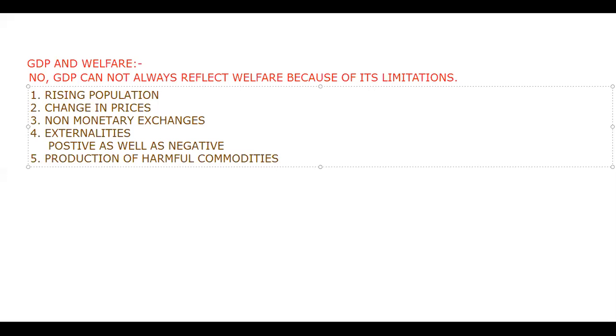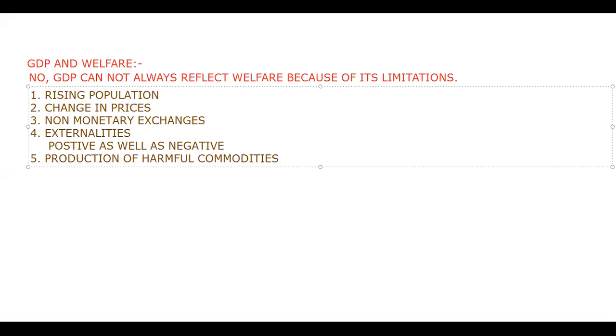But while calculating the GDP, we are talking about the total production of all goods and services in the economy. So we are taking the harmful commodities also in the GDP, which can never be for the welfare of the economy. So the GDP cannot reflect the welfare.